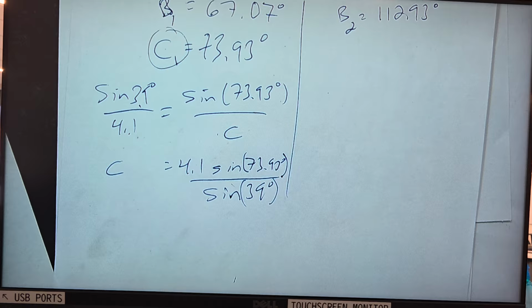Let's see. That's roughly... 3.5 divided by... it's going to be around 7, but I could be very wrong. 6.2.